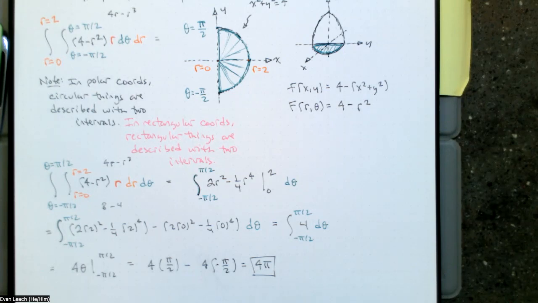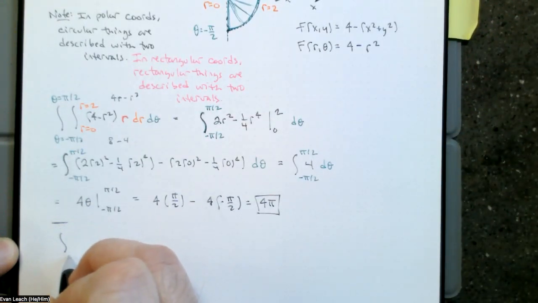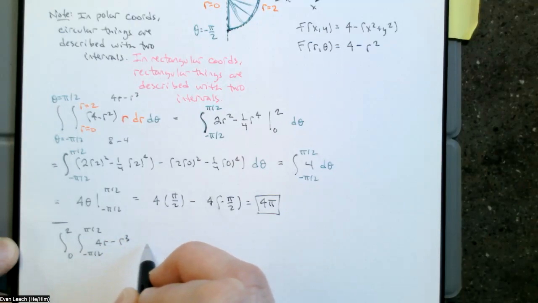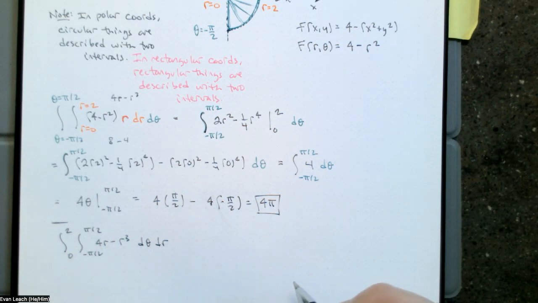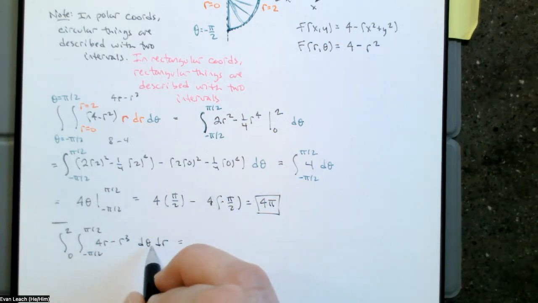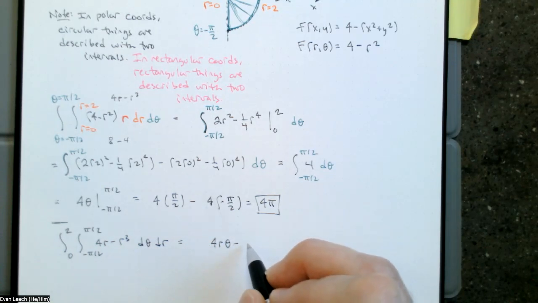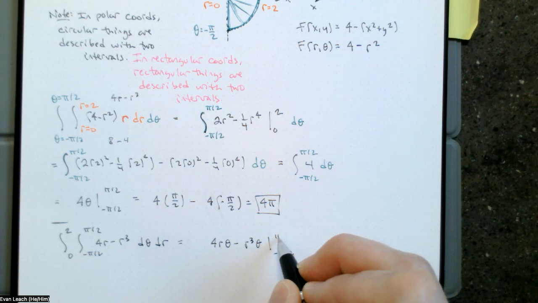There's also the d theta dr integral, which we would integrate the other direction. In this case, I've already multiplied in the r from the r d theta. But now we'll start with integrating with respect to theta. So I'll have 4r theta minus r cubed theta, evaluated from negative pi over 2 to pi over 2.